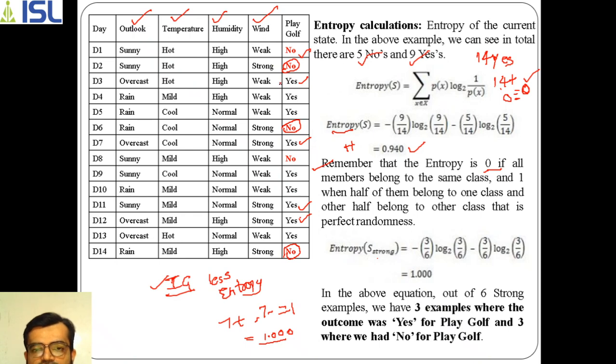That means equal numbers of yes and no's for strong. So entropy of S strong is calculated as minus 3 by 6 log 3 by 6, minus the same for negative, 3 by 6. You will get the value 1.0. No need of calculation; directly you can write 1 if you have equal numbers of positives and negatives. You need to remember this point. This is very important with respect to entropy.